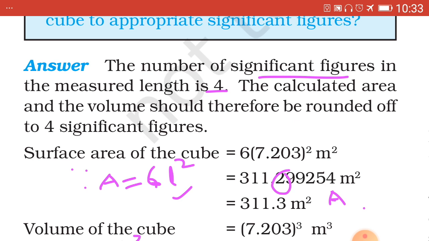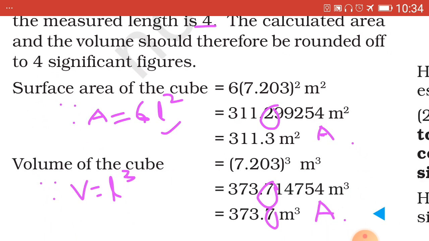Say the formula for the surface area of the cube, capital A or S, you can write, equal to 6L square, which I have written beside, not given here, you should write it in the exam. And substituting the value of L, we get the simplified answer as 311.3 meter square.